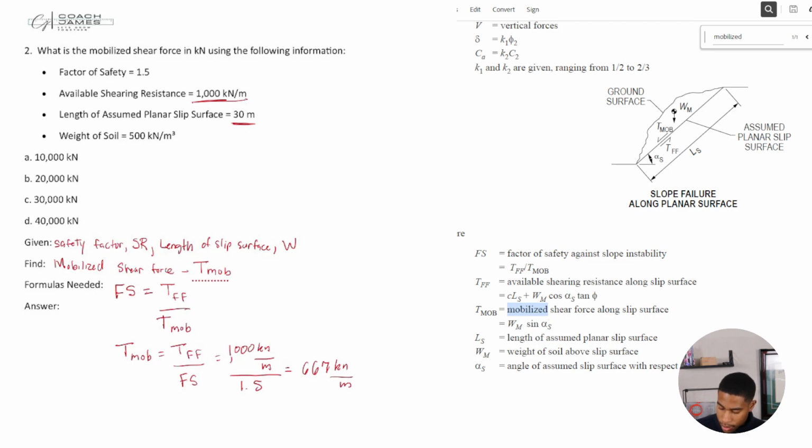So I'm going to multiply this over a distance, times 30 meters, and that's going to cancel out our units. And so I get this to equal roughly 20,000 kilonewtons, or B.